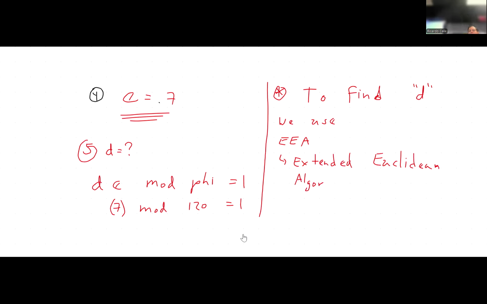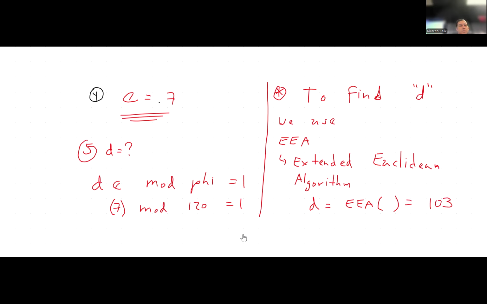This one will be in the code that I'll provide on Thursday, and it's written from scratch. So no libraries or anything like that. You can literally debug it. Basically, we would use EEA, and you can think of it as a function, that would give us D. In this case, D should be 103. Okay, 103.